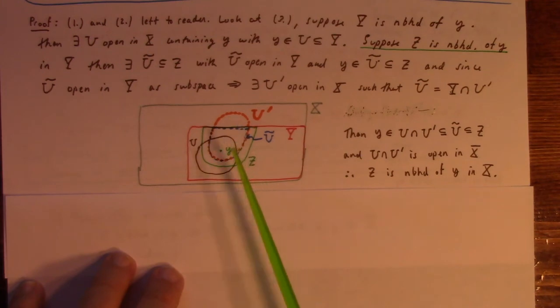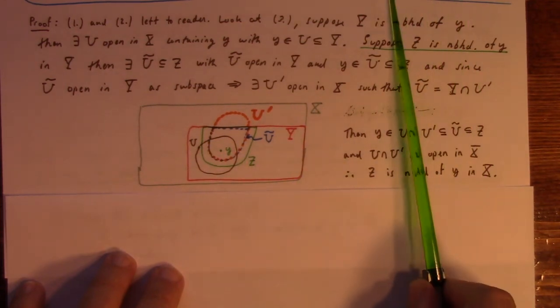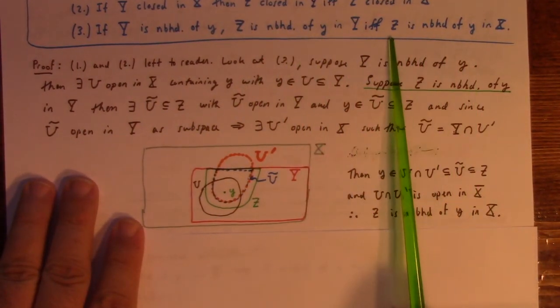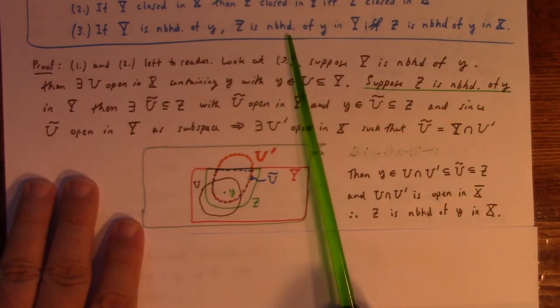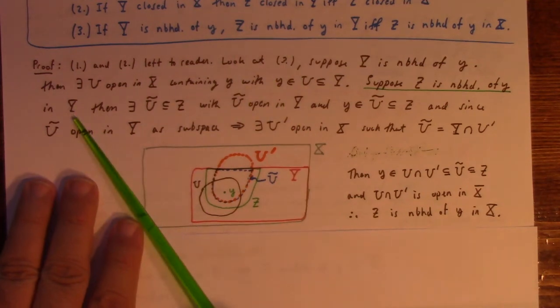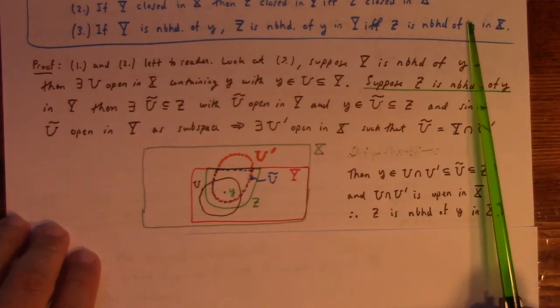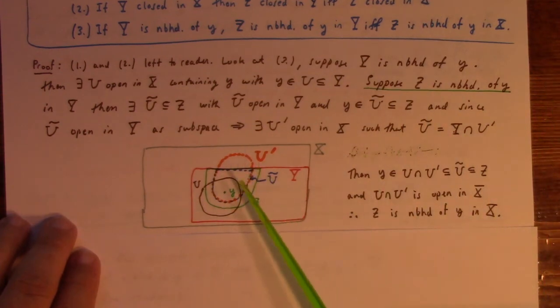What I'm trying to do here is find an open set in X which contains little y and is a subset of Z, in order to show that Z is a neighborhood of little y in X. I got that Z is a neighborhood of little y in Y, but I want to show that it's a neighborhood of little y in big X. So I need to find an open subset of X which contains little y and is a subset of Z. The way to do that is just to intersect the brown circle with the orange circle.